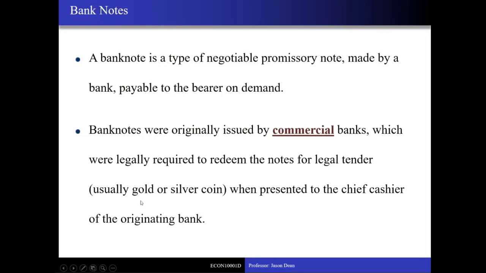So that changed. The money we have now is called fiat currency, and it has nothing backing it. There's no link to gold or anything like that. It has value because we generally accept it, and there's a little bit of strength to its acceptability provided by declaring it legal tender.